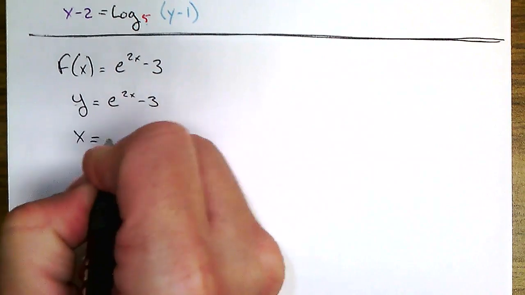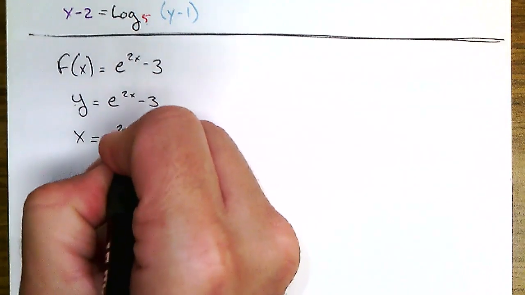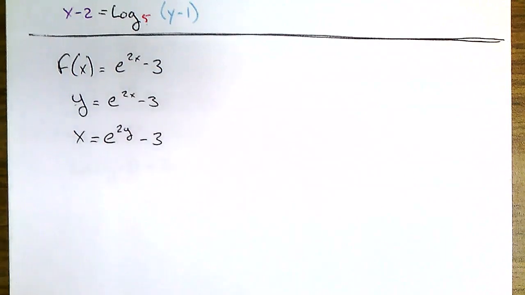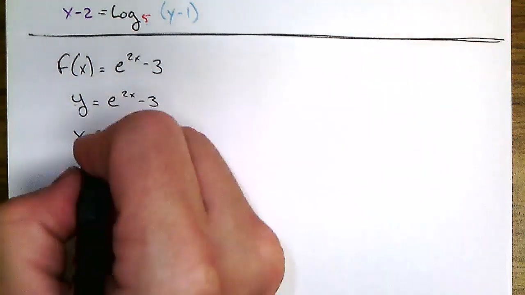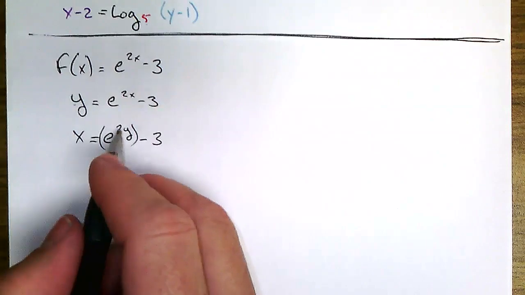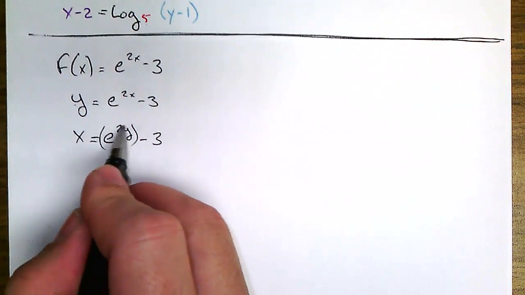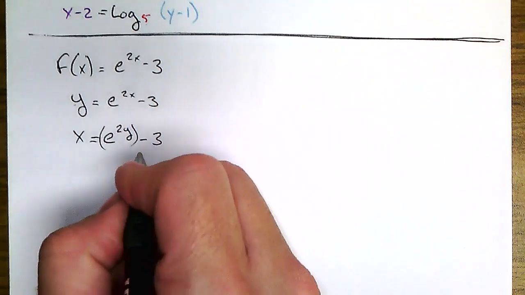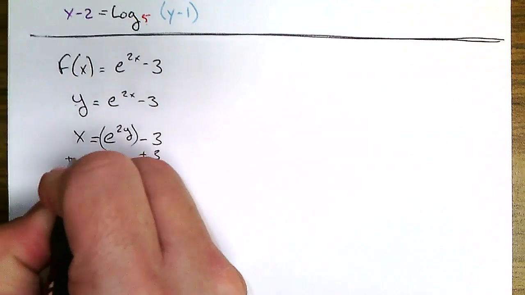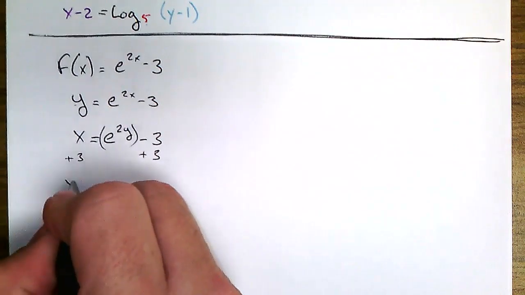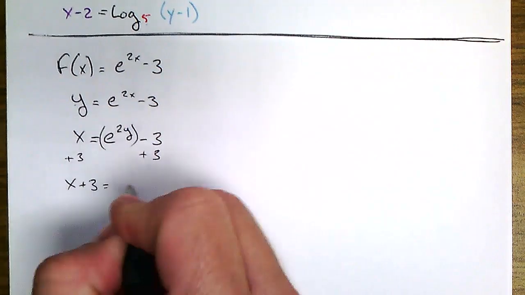So x equals e to the 2y minus 3. Now I need to get my exponential function, my e to the 2y, by itself. So let's add 3 to both sides to get rid of this minus 3.